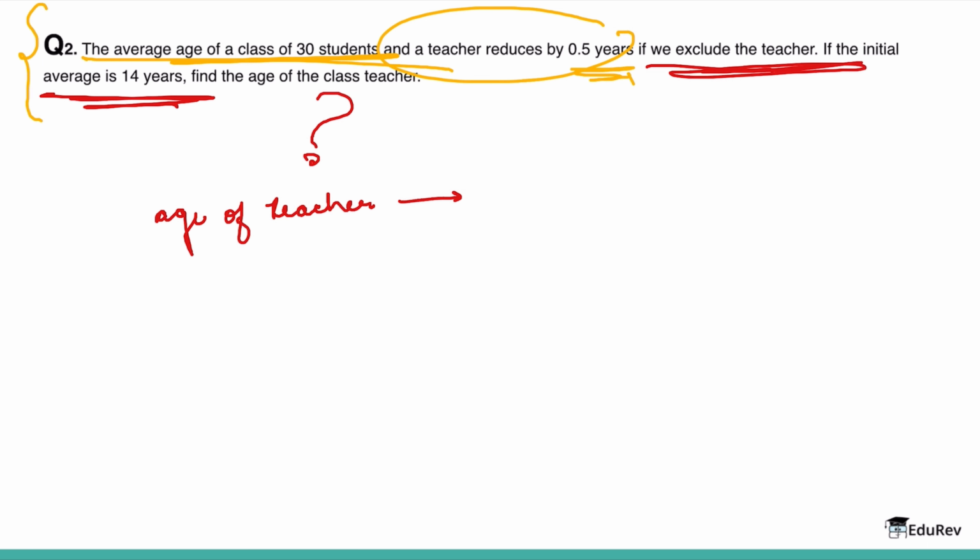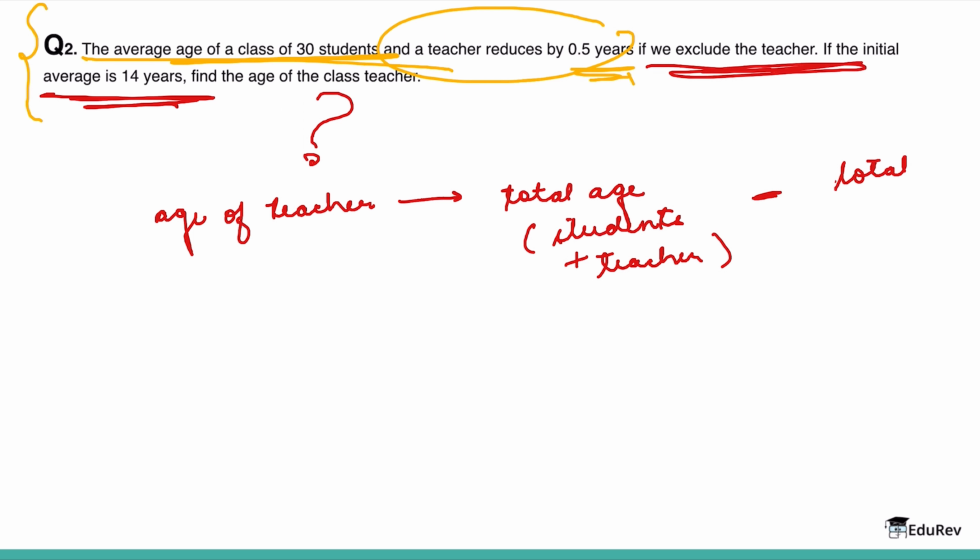The age of the teacher is going to be nothing but the total age of students plus teacher, subtracting the total age of students from it. Correct. So the total age of students plus teacher is going to be 31 multiplied by 14.